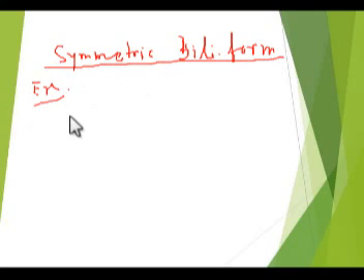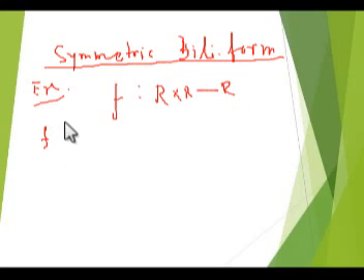So let's use this example. Here the bilinear map is defined on a two dimensional space, R cross R to R. So how is it defined?